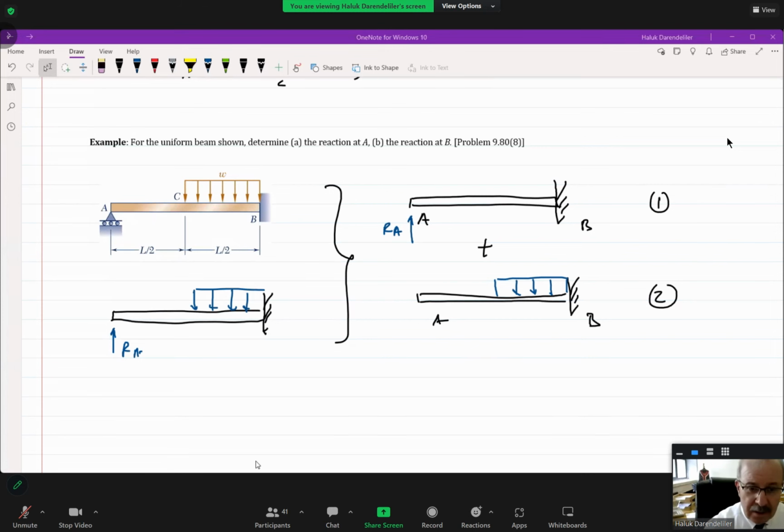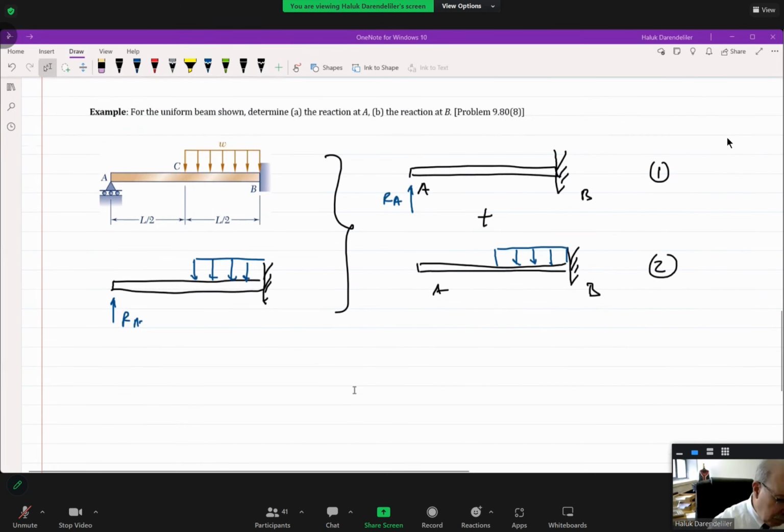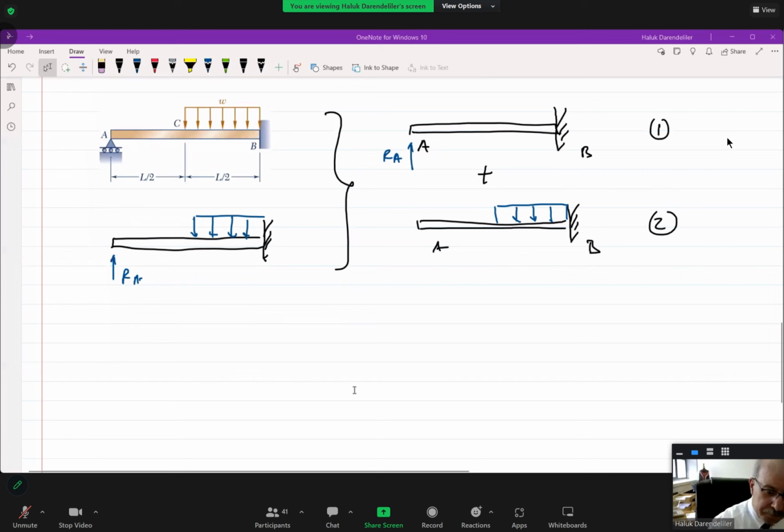Look. For the first case, now look. I am looking for the deflection of A from RA. When I look at the table, which I showed, it is written there that it is P L cubed over 3EI. This is from the table.